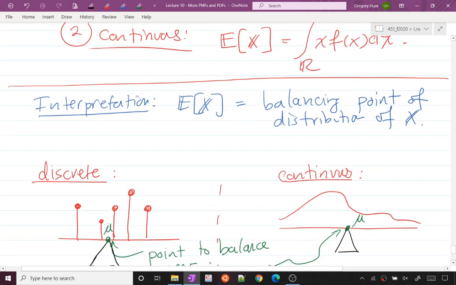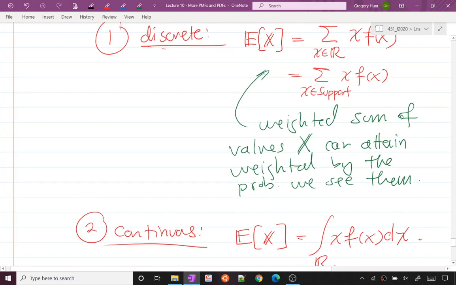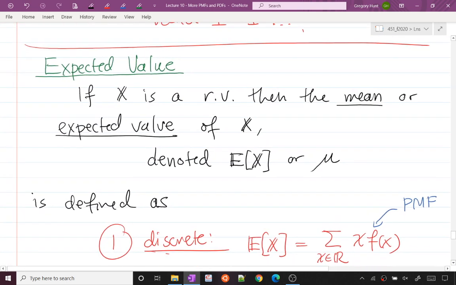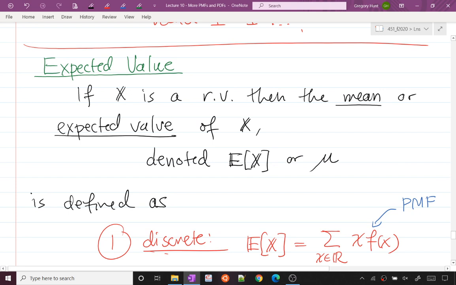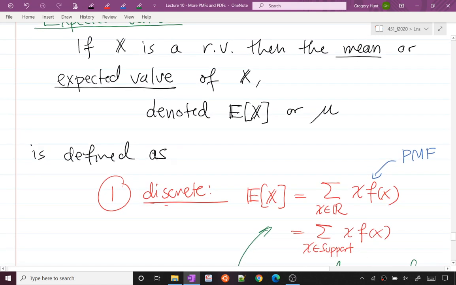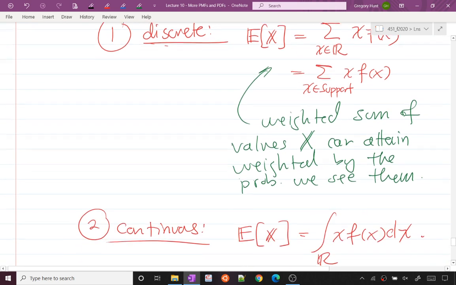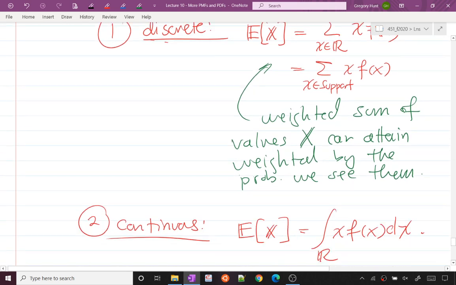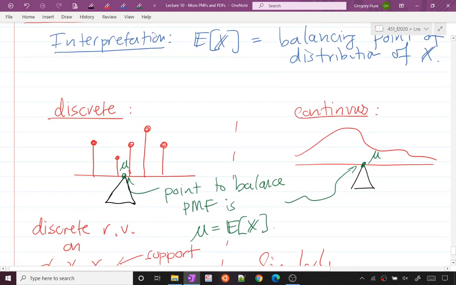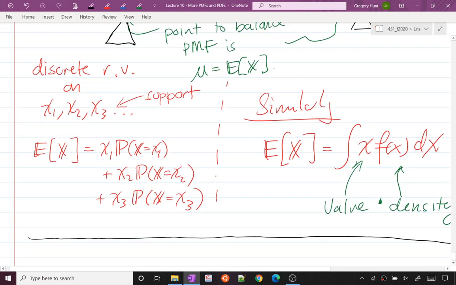We'll see some examples of how to calculate it next time, but at the end of the day it is just what we refer to as the mean of a distribution or a random variable, or the value we expect it to take on. It's a typical value. It's the expected value. And it's the weighted average of all possible values. In the discrete case, it is exactly a weighted average by the probabilities. And the continuous case is the continuous analog.